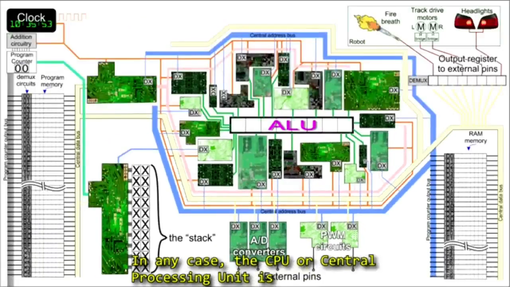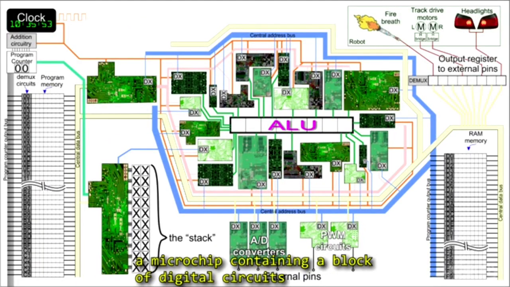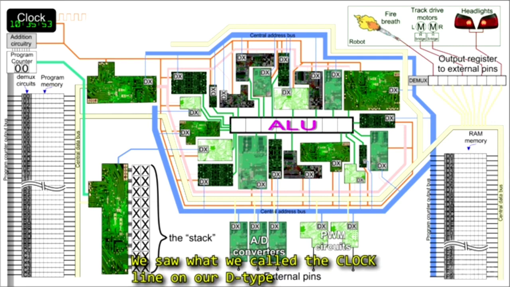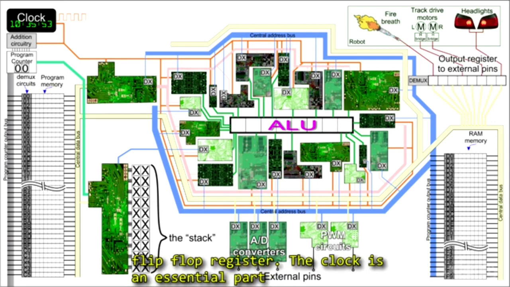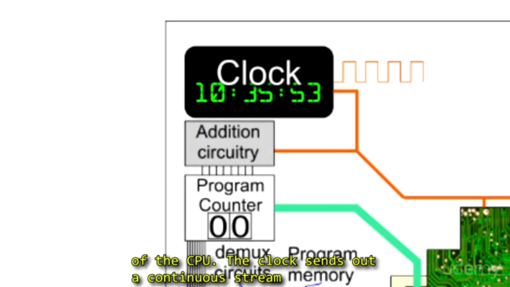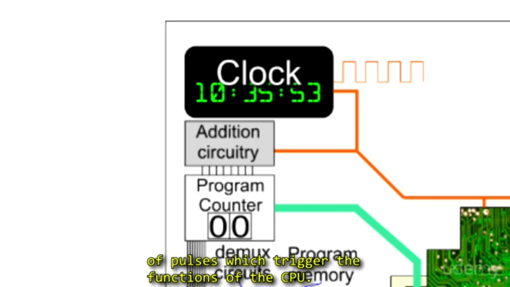In any case, the CPU, or central processing unit, is a microchip containing a block of digital circuits which respond to a program. We saw what we called the clock line on our D-type flip-flop register. The clock is an essential part of the CPU. The clock sends out a continuous stream of pulses which trigger the functions of the CPU.